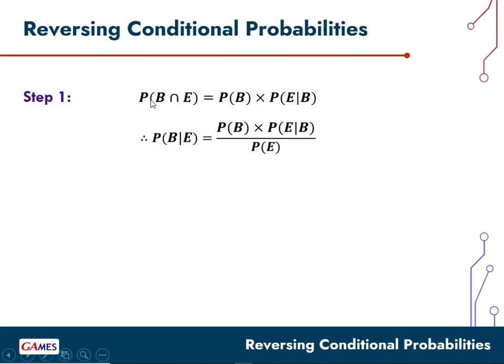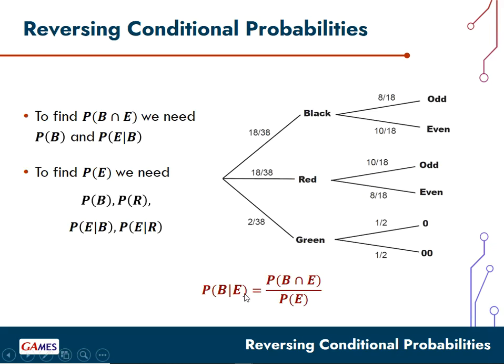So step one is let's work with the numerator. Remember, we're trying to re-express this formula in terms of what? Two things: probabilities and conditional probabilities.